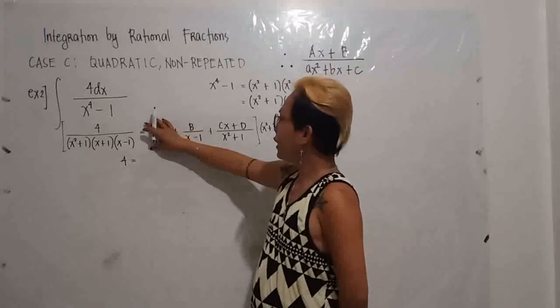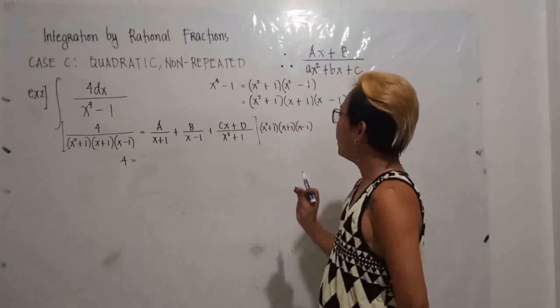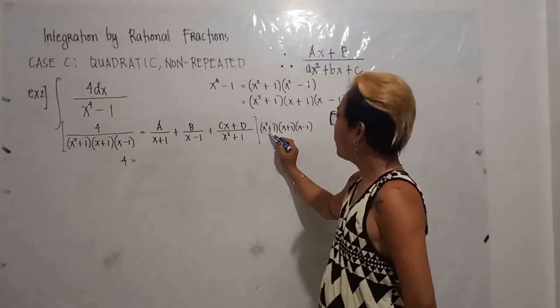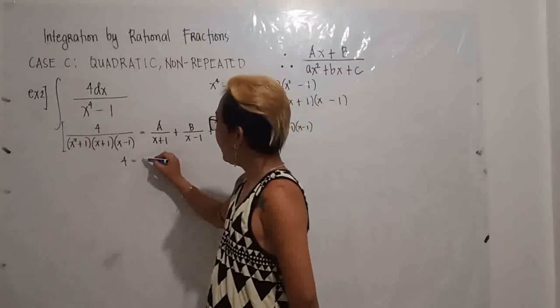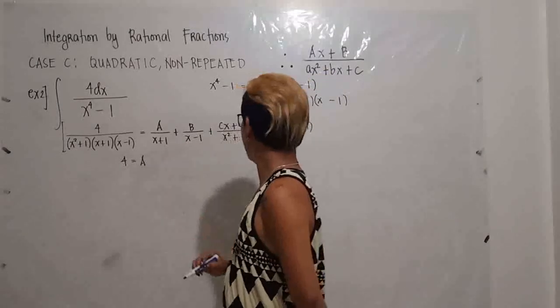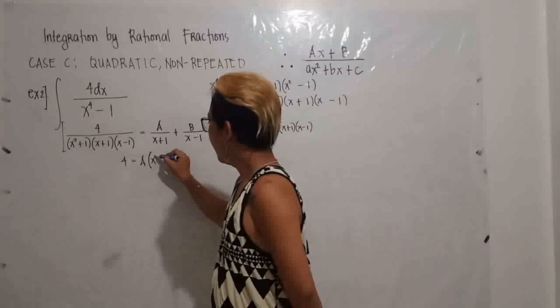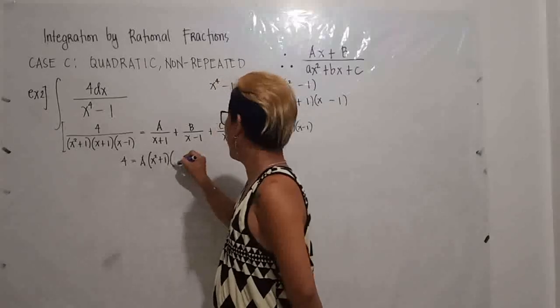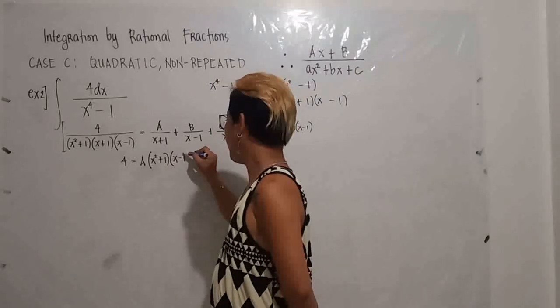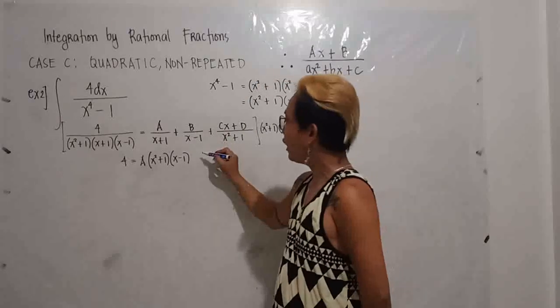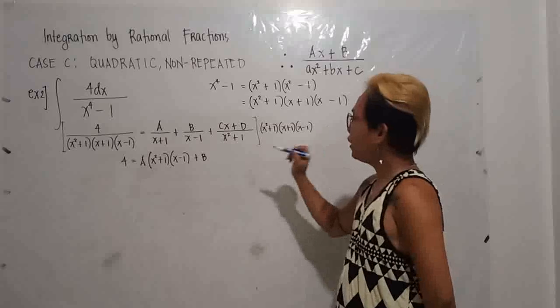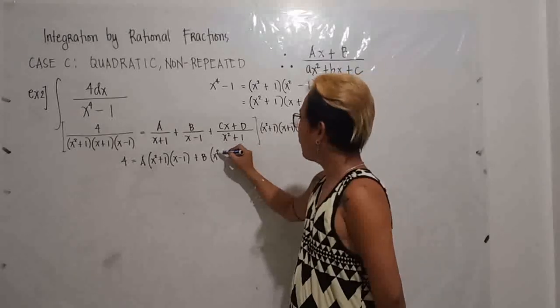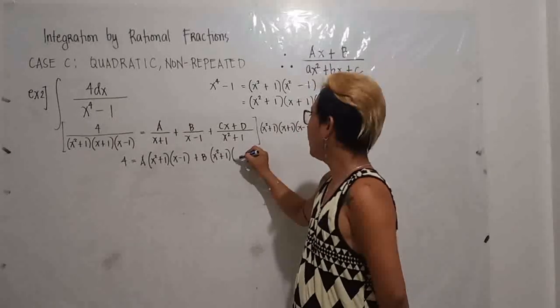Then pagdating kay first term, multiplied to this, ang matitira lang is x squared plus 1 multiplied to x minus 1, as x plus 1 cancels. Then for the second term, x minus 1 cancels.